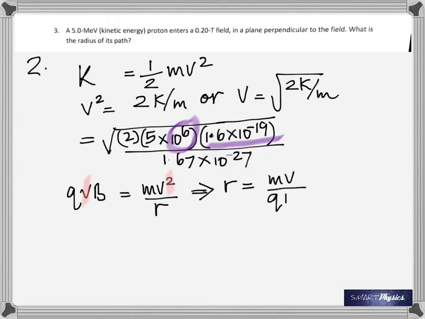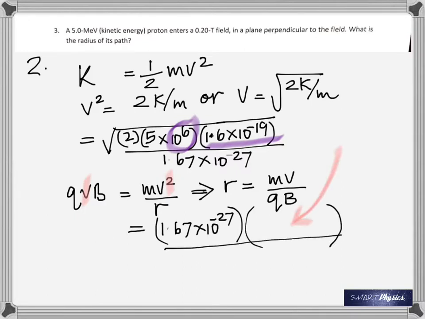You get mv by qB, and m is the mass of the proton, which will be given to you. And velocity is what we just found out, so I don't want to write that whole stuff again, so I've just put an arrow there. And q is the charge of the electron.